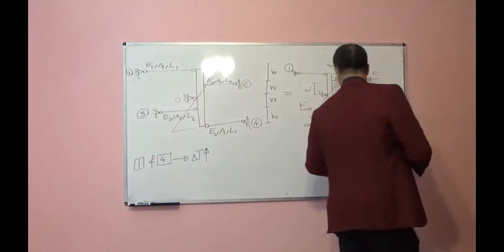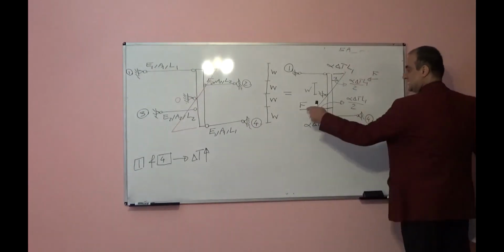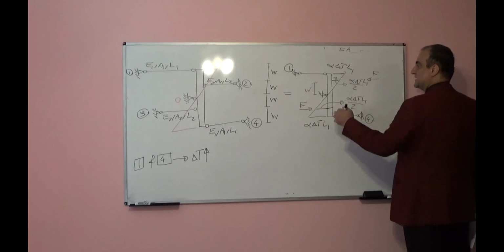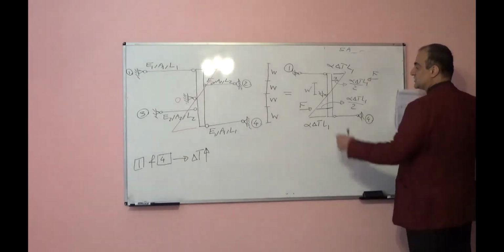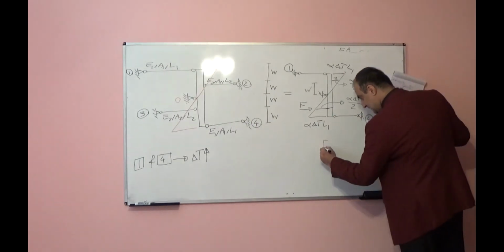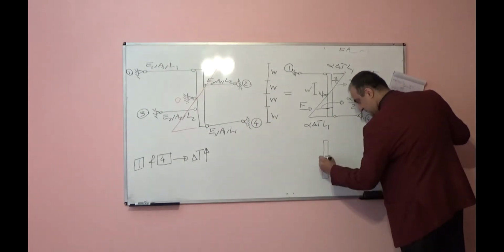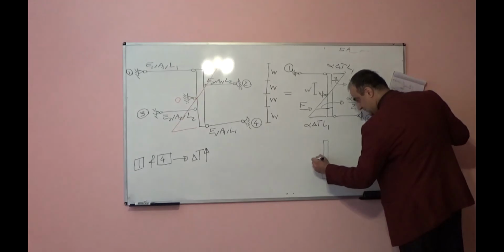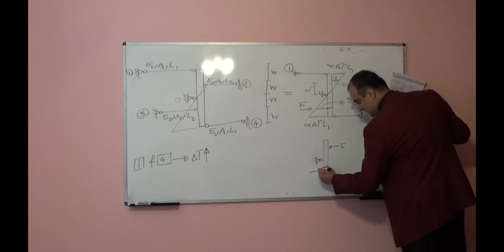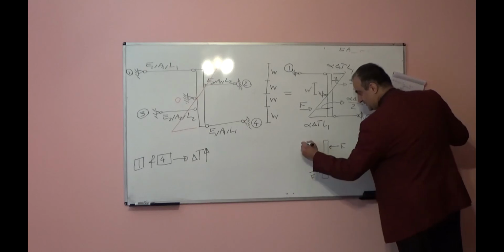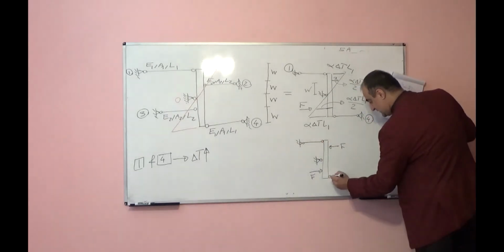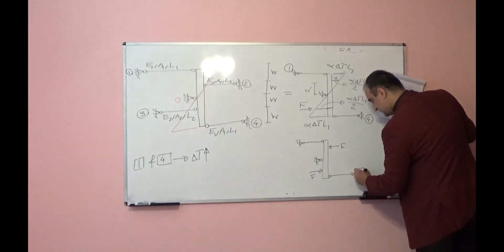If now I apply F force here and F force here, what will happen? How much force will these F forces produce in these rods? Here I have F, here I have F, here I have rod number 1, here I have rod number 4.